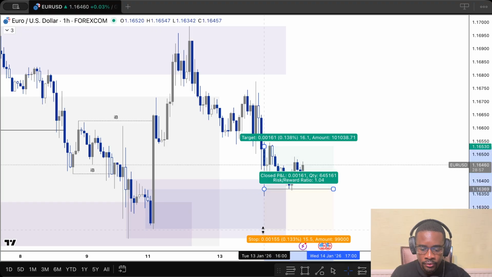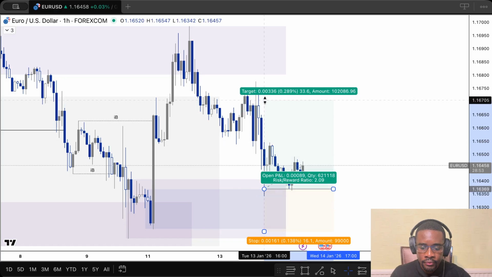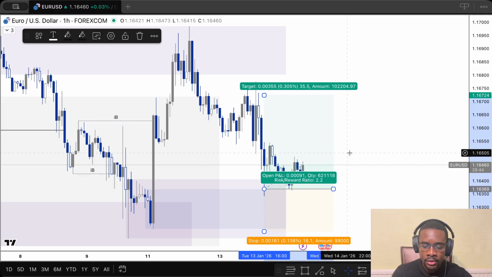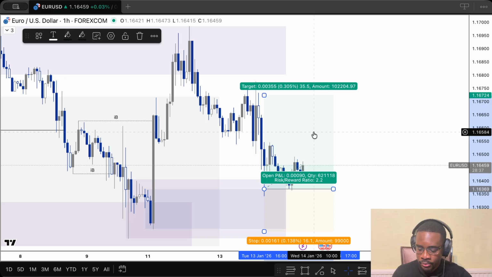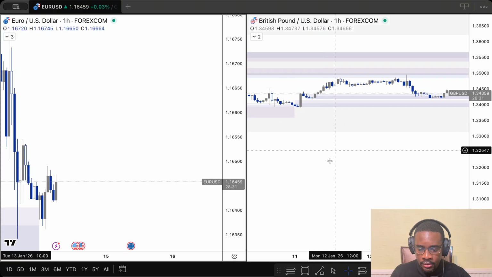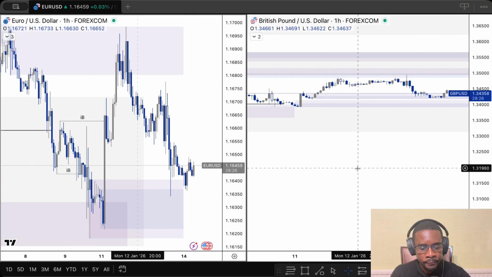So that's 1.5, 1.6, and then 2.2 to cover commissions and spreads. So that's the expectation on this one. I'm already in that position. That's Euro USD, that's what we were expecting yesterday.